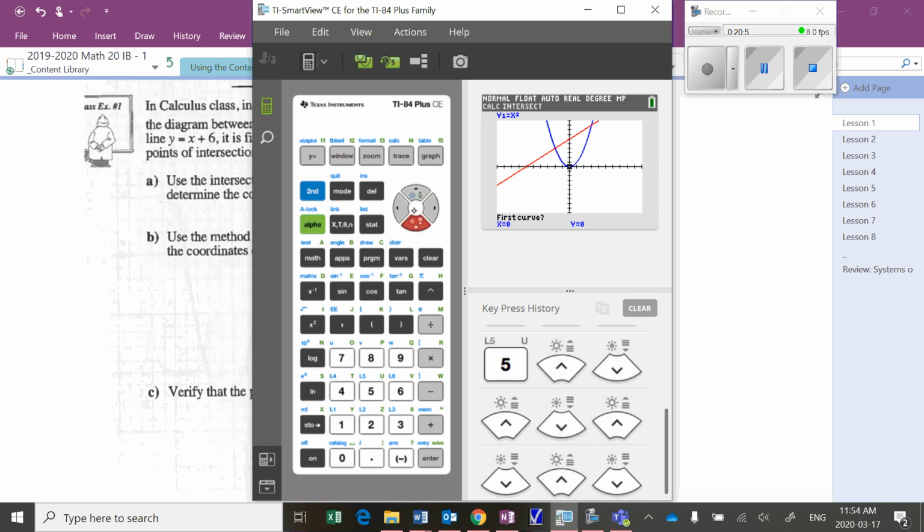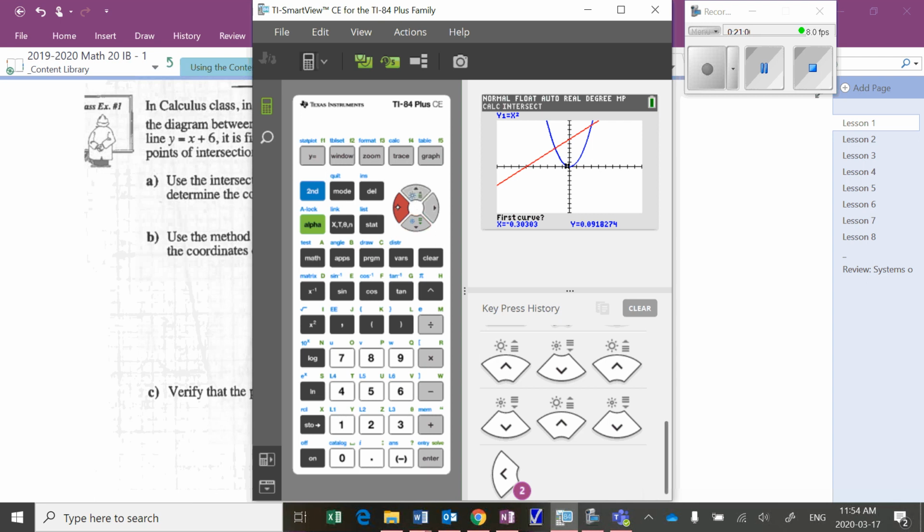With two graphs, it's not as big of a deal. What does matter in this case, since we have more than one intersection, is that you move your cursor, using the left and right arrows, closer to the intersection that you were looking for. It doesn't have to be right on it, just closer to this one than to the other one.